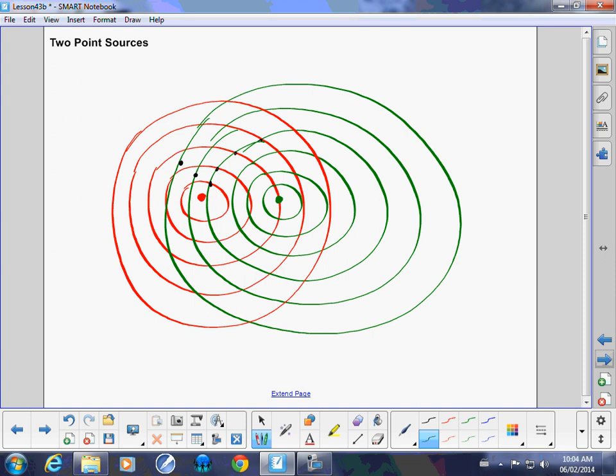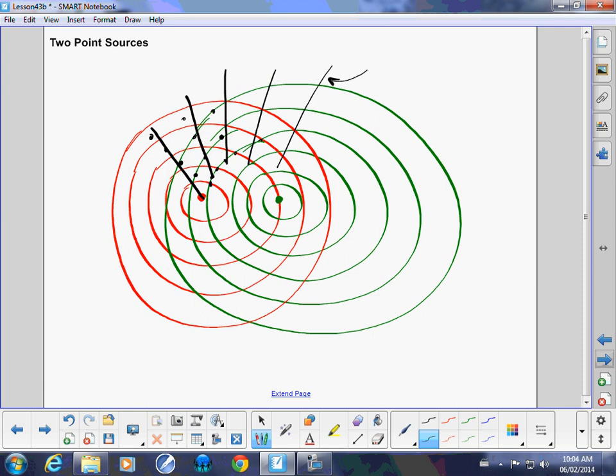We get a pattern outward, and if you recall from last year, the lines emanated outward. So the next one would have been here and here. If we move over, we're going to have destructive interference in this area. So we get these lines of destructive interference. We're just going to sketch them in.